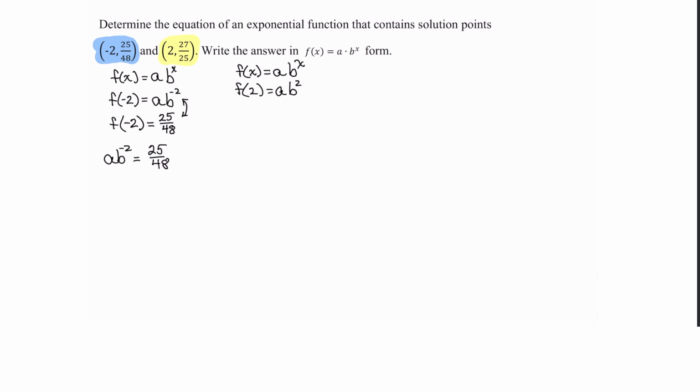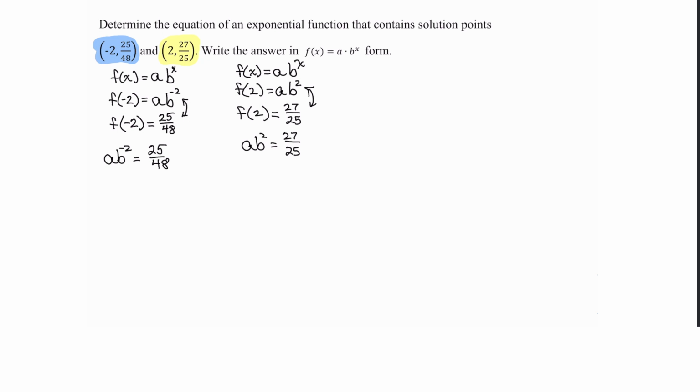But from the ordered pair, I have that f of 2 is equal to 27/25, the output of that ordered pair. So then I get the equation that a times b squared is equal to 27/25.